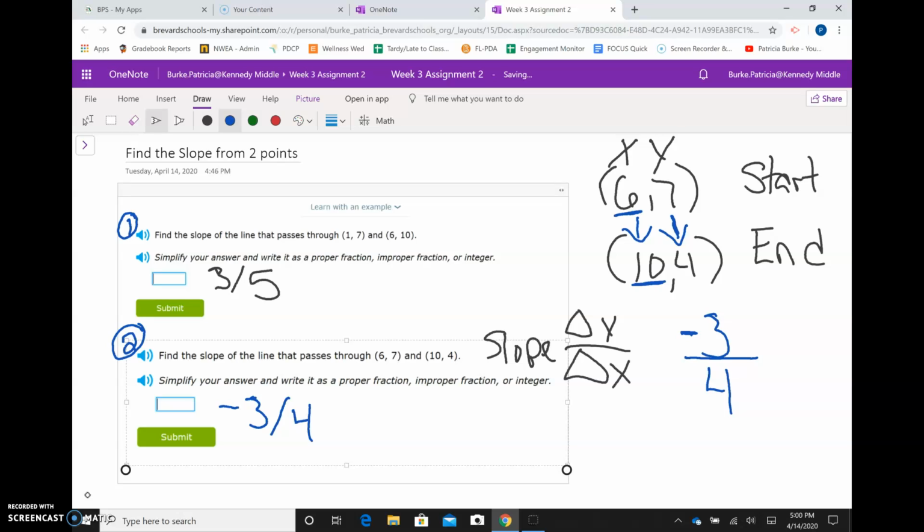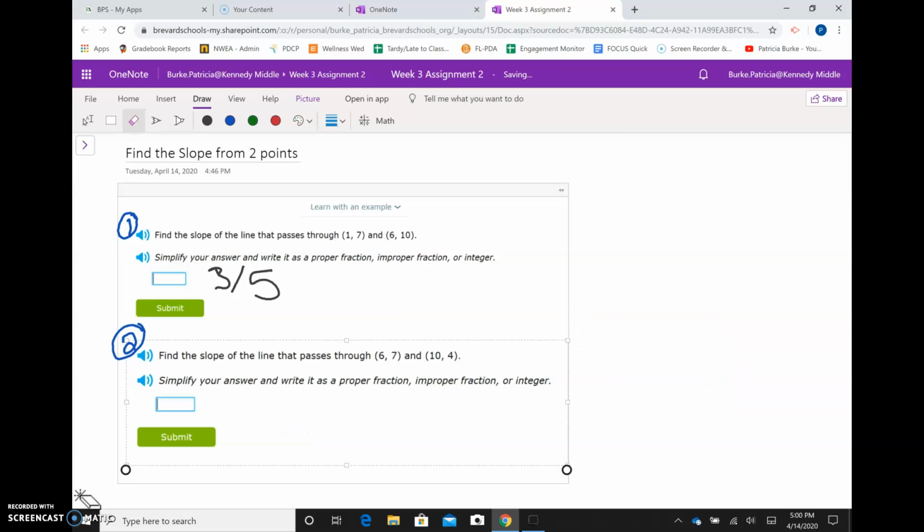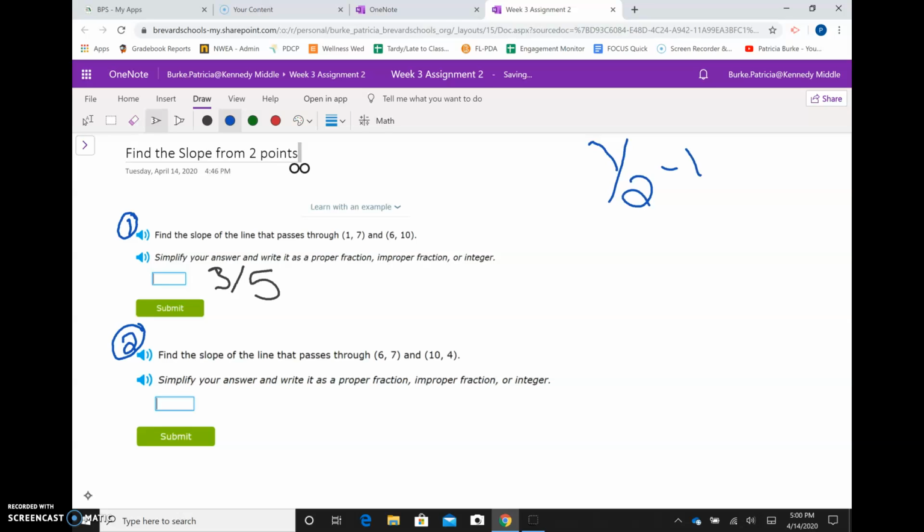All right, but what if you are dying to use that formula? I know like two of my people are dying to use this formula, so let's use it. Our formula is change in y over change in x.